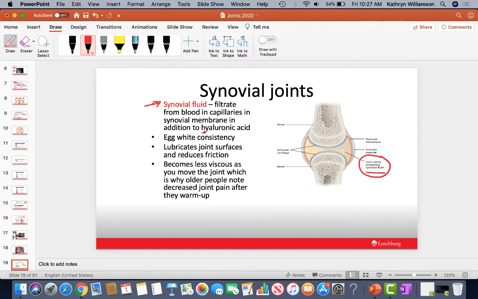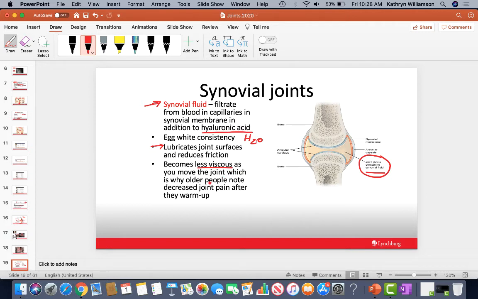And we also have hyaluronic acid that is added to it, which basically holds on to water and creates this viscous fluid that fills our joint space. So it helps to lubricate our joint surfaces and reduces friction when we have bones moving across each other. And what happens is when you warm up, it becomes less viscous. So it basically becomes less thick, and it's able to coat those joint surfaces really nicely.